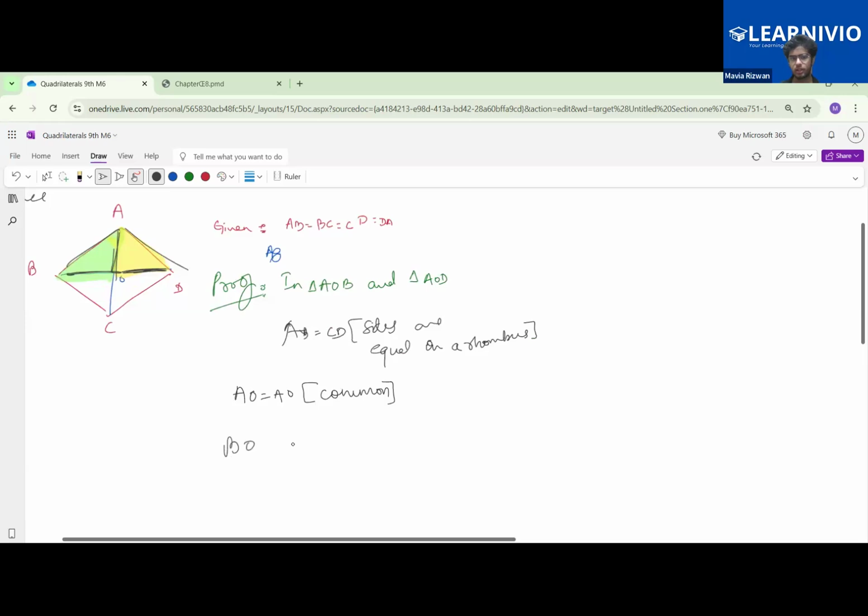They are equal to each other because diagonals are bisectors. So if diagonals are bisectors, it means AC bisects BD, so BO would be equal to DO. Diagonals of a parallelogram are bisectors. And since rhombus is also a parallelogram, we can say that diagonals of a parallelogram bisect each other.